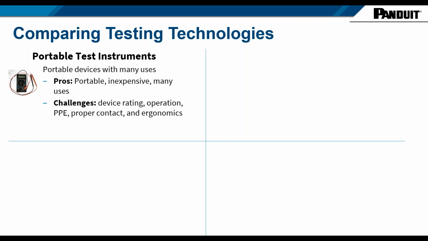So their uses expand beyond just absence of voltage testing. There's tons of uses for them around facilities. Some of the challenges, right? There's different device ratings versus the equipment that you're using them on, the operation of them. There's different settings that you have to make sure you're using properly and have set up properly. When you're going through absence of voltage testing, you do need to use PPE, which can be cumbersome and costly.